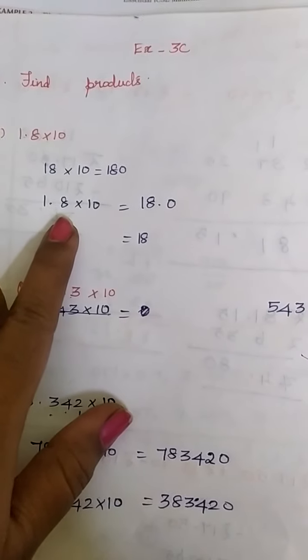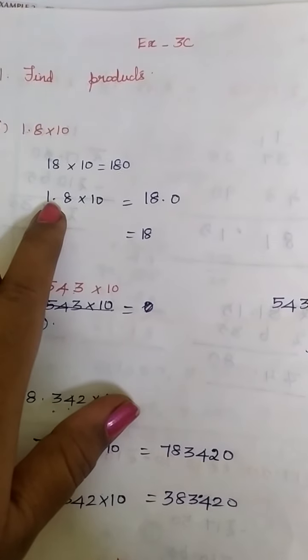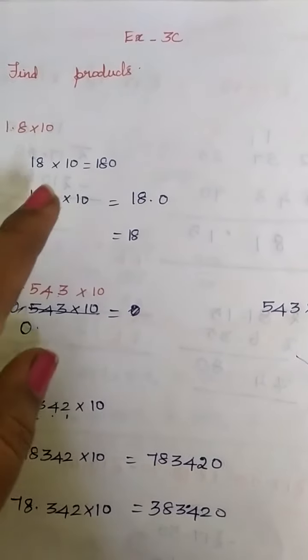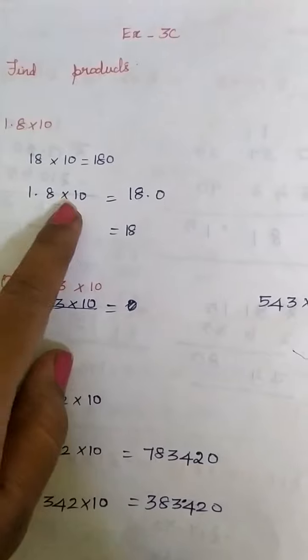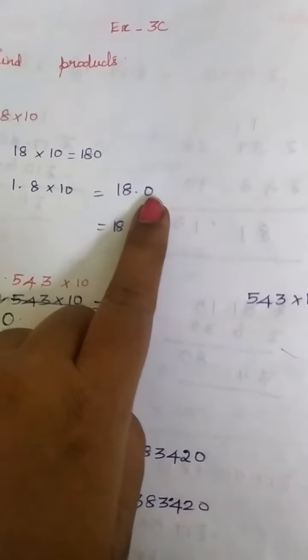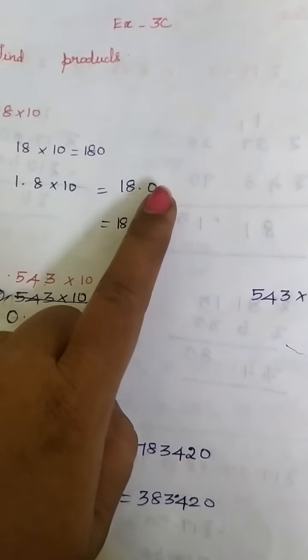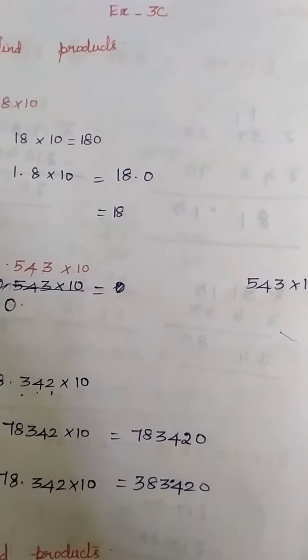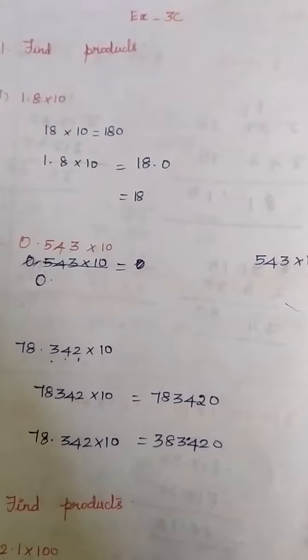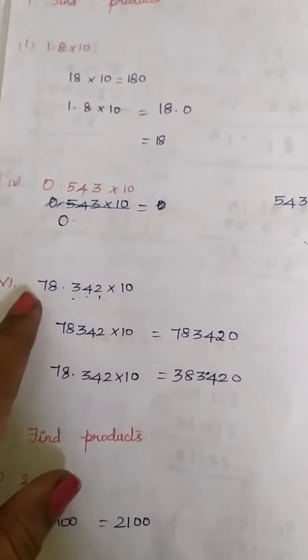If it has a decimal point, what are you going to do? You are going to move 1 step rightwards. You don't have any number, so you use 0 and move rightwards. So 18.0. After the decimal point it has only 0, which has no value, so you write 18 as it is.